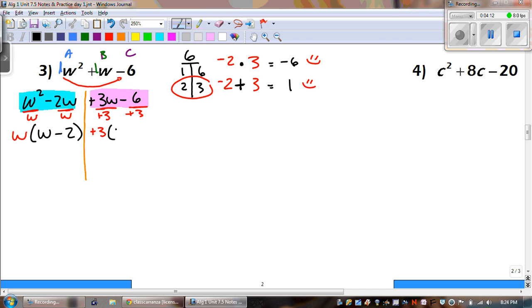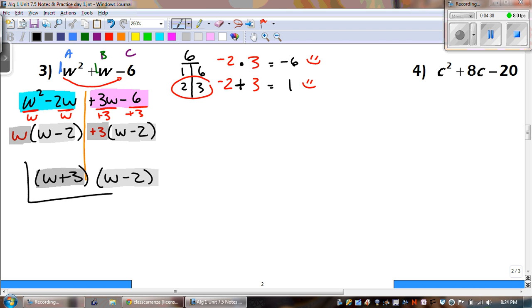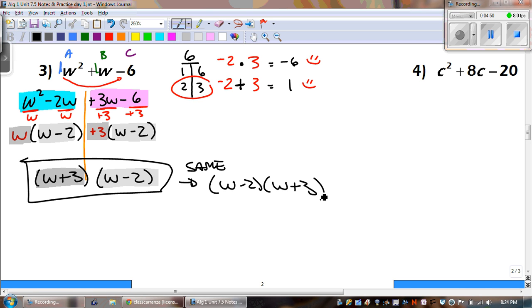Okay, 3w divided by 3, we're just left with a w, and -6 divided by +3 is -2. So w minus 2, w minus 2, those go together. And then a +3 in w, so w plus 3. So this is our final answer, okay? And this is the same as w minus 2, w plus 3, okay? It doesn't matter which order you put them in, okay?